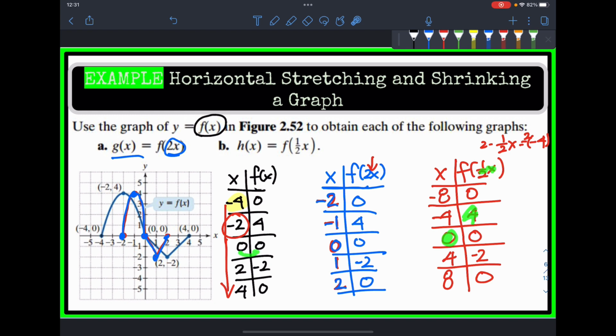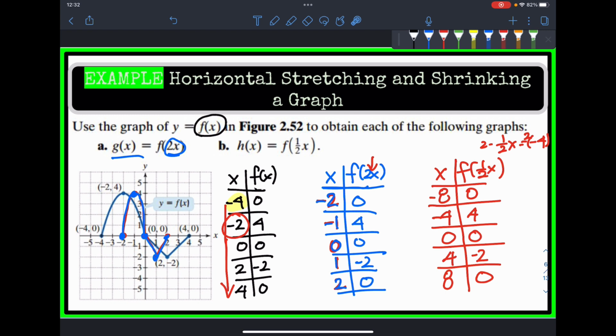And 0 gave me an output of 0. So that's the same now. And the same thing with these two. 4 times 1/2 is 2, and since 2 gives -4 in the original parent function, in this transformation we have the same output value. And since 8 times 1/2 is 4, our output value is again going to equal 0. Excuse my notification, sorry about that.